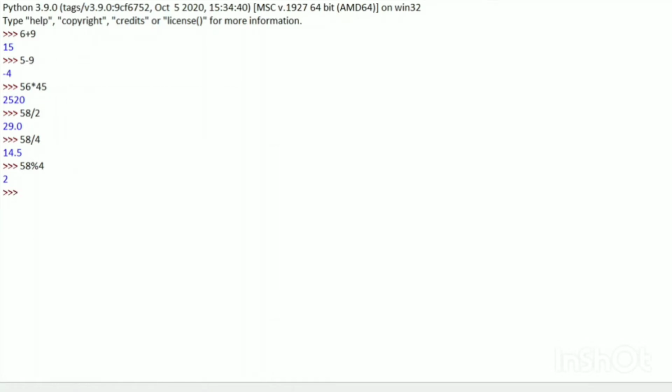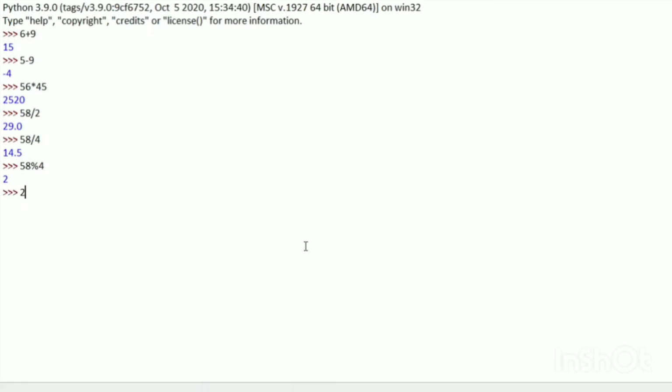Now if you want to find the power of any number, that is, when you multiply that number by itself as many times as you want, then what will be the answer. Here I will take an example where I have to multiply 2 by itself 3 times, which means 2 into 2 into 2.